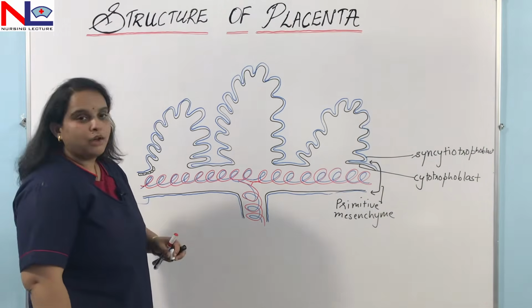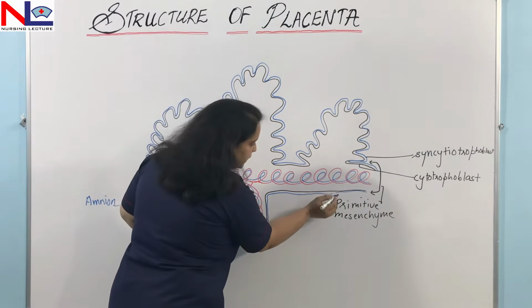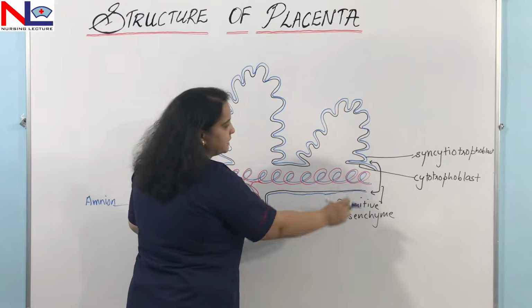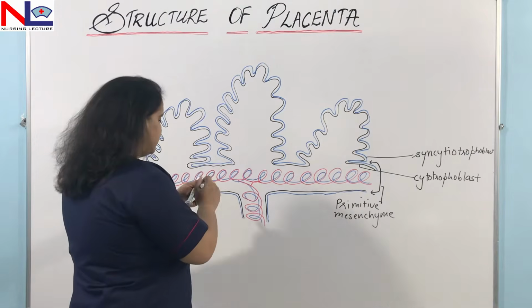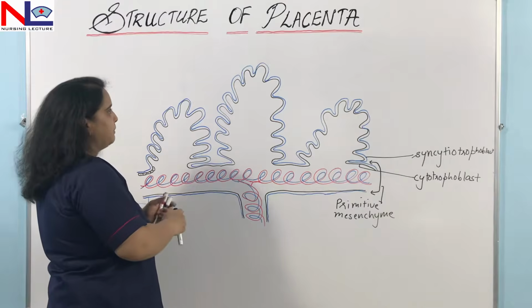So here we have drawn the chorionic plate, that is primitive mesenchyme, the innermost, this black one containing the umbilical vessels, and the blue one is the syncytiotrophoblasts, and this is the middle part, that is the villi.